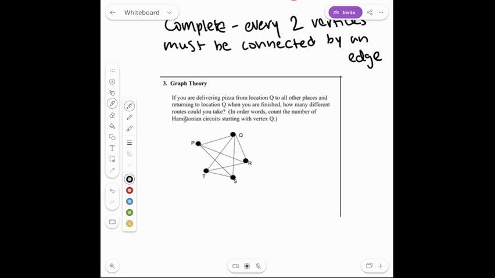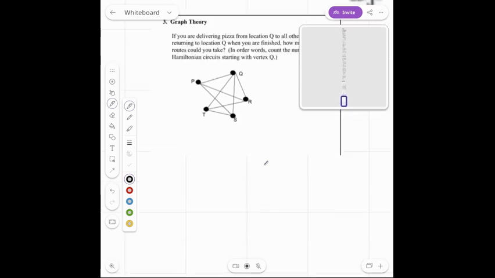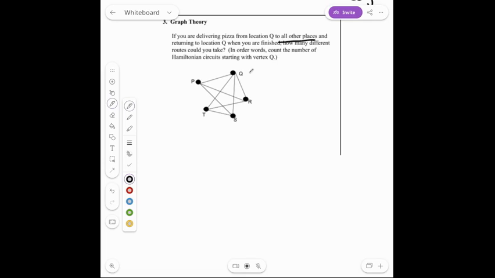So here are these Hamiltonian circuits, but what it really means is cycles, because it has to start with Q and end with Q. And you're also delivering to all other places.